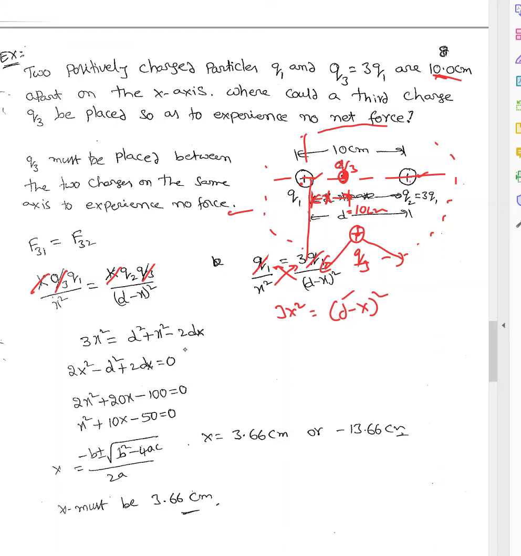So you will end up with a quadratic equation. Once you solve the quadratic equation, I end up with an x value of 3.66 centimeters or negative 13.66 centimeters. Negative 13.66 centimeters is somewhere here, which definitely is going to have some force on it because both of them are positive charges. It cannot be true. So 3.66 must be the right answer.